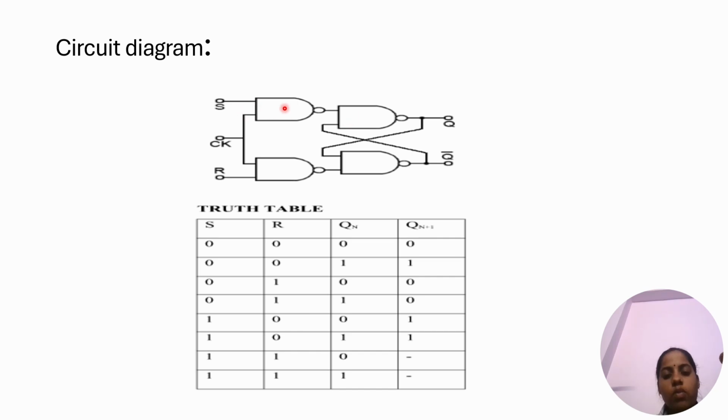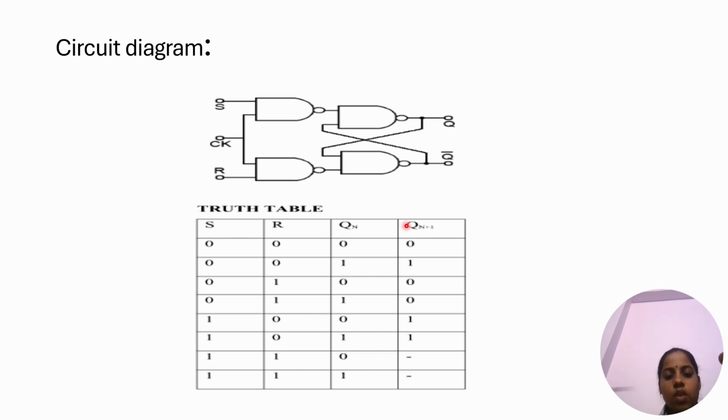The output of the S side is Q, and the output of the R side is Q bar, and Q bar output is connected to Q, and Q output is connected to Q bar.